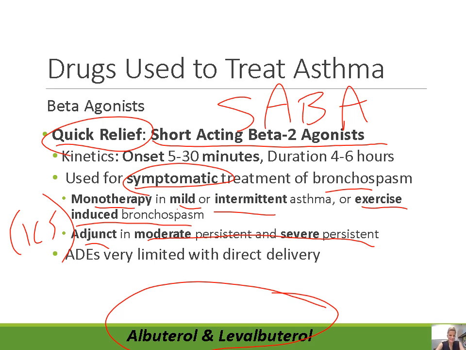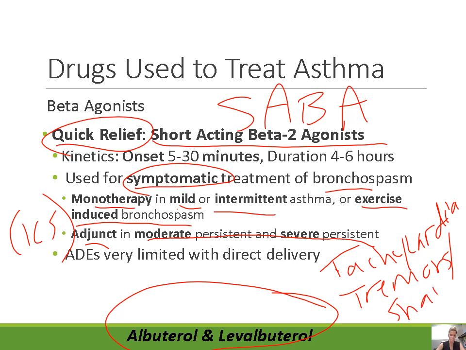Some things they might see include tachycardia, or patients might feel shaky, like tremors, afterwards. Some hyperglycemia might occur, because remember, the beta agonist is stimulating the sympathetic nervous system.